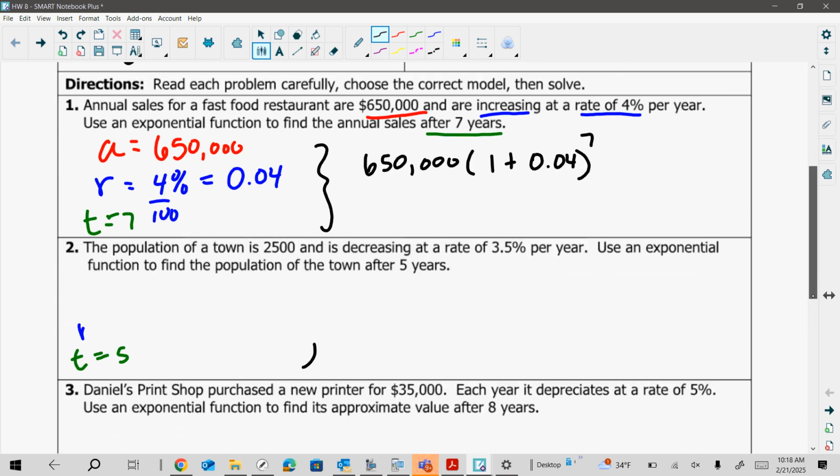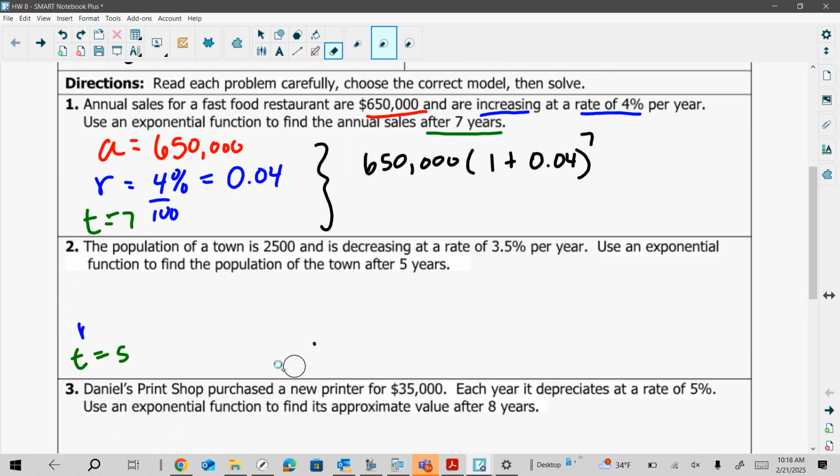Now on number 2, because I see we have a population of 2,500, but because we say decreasing, that's going to be decay. So we want the population after 5 years.